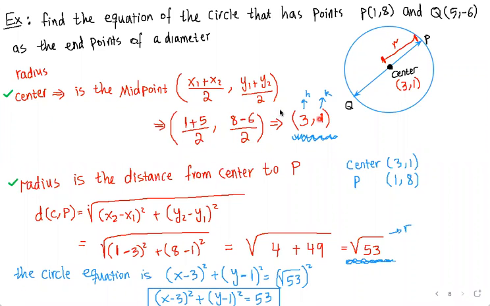Like I said before, I need the center and I need the radius. With these two things, I can plug them inside the equation of the circle. So again, x minus h, 3 squared, plus y minus k, everything squared, equals the radius squared. This is my radius, square root of 53, everything squared gives me 53. And I get the equation of the circle. Any questions so far?